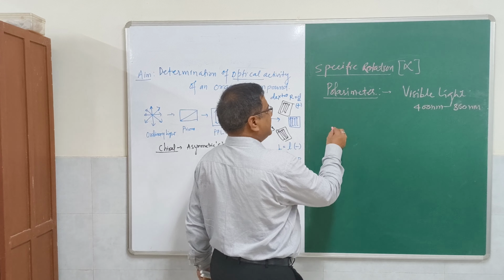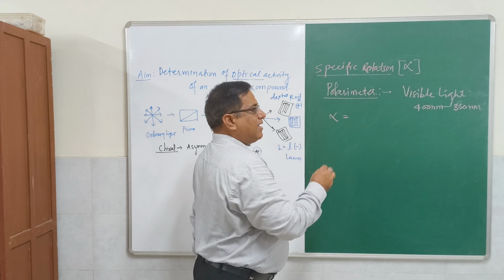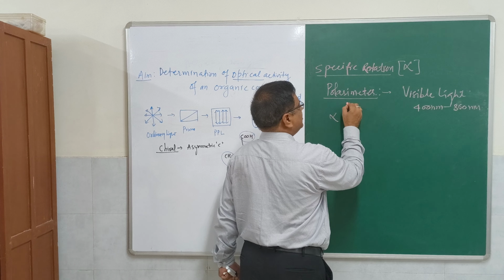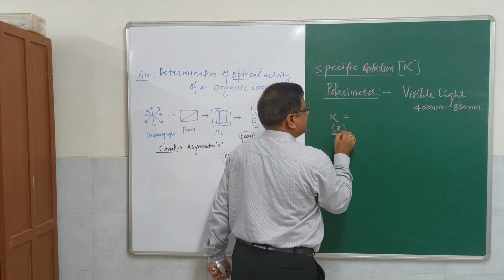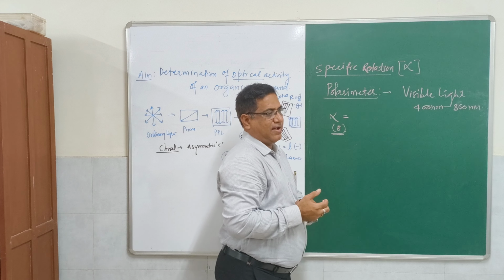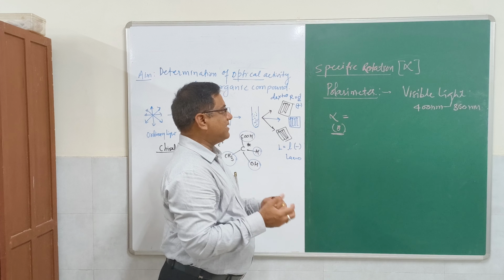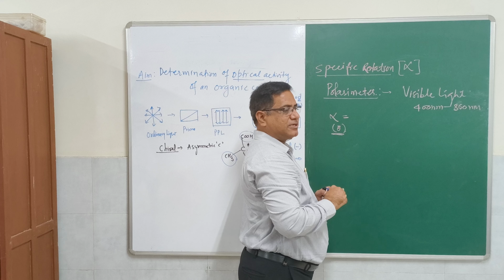By using this we can measure alpha. Alpha is an angle, so it is also called theta. This theta value we can measure, and then we can calculate alpha. You will get the angle of rotation, and that we can convert into the specific rotation, alpha.